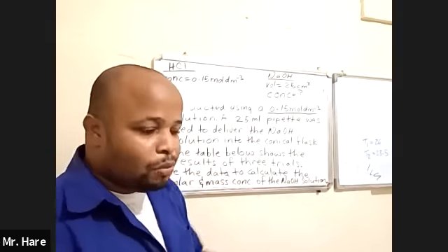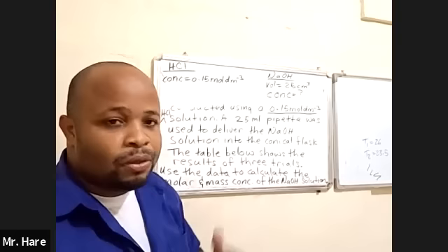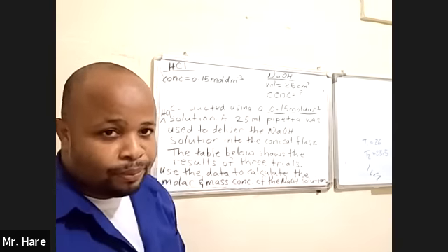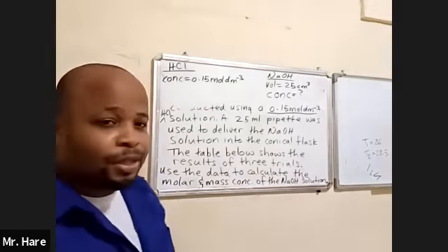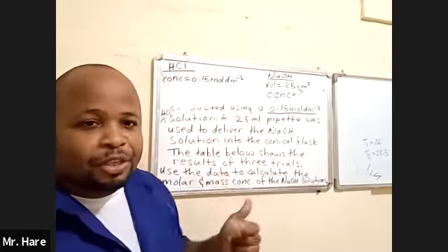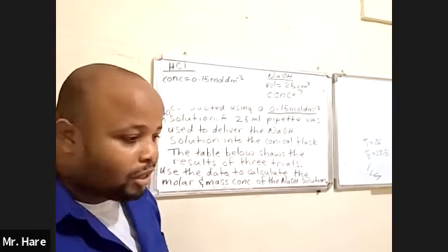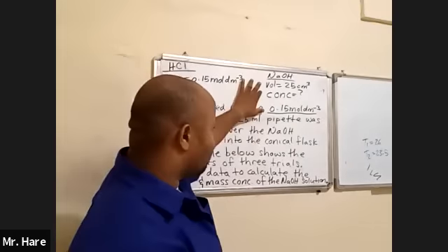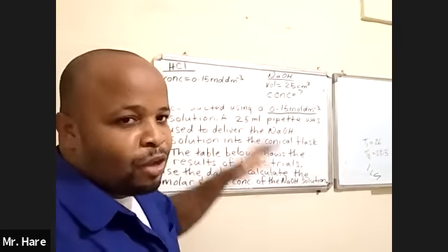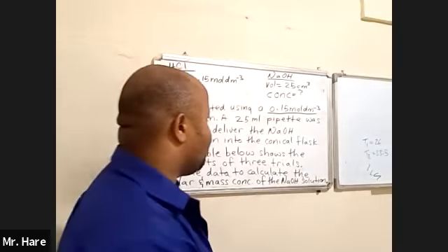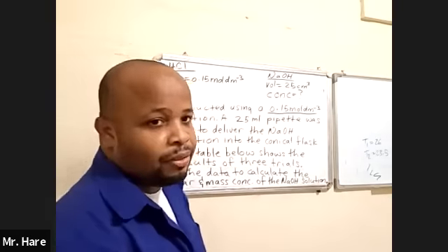And the standard solution, as we know, is a solution whose concentration is known. So in every titration, you will get concentration and volume for one of the solutions. And for the next solution, you will only get the volume and you will have to work out the concentration.